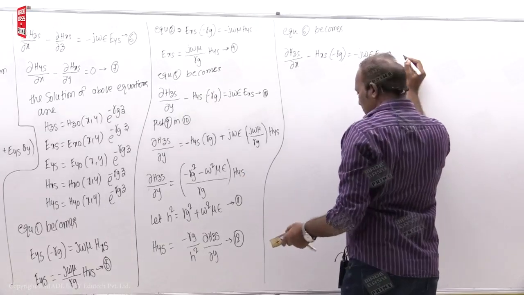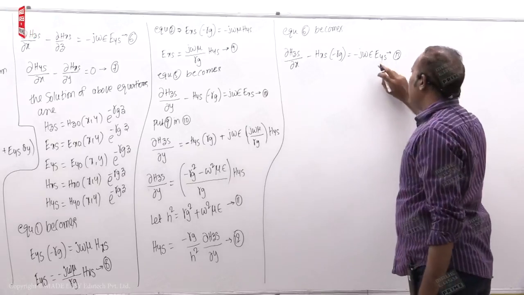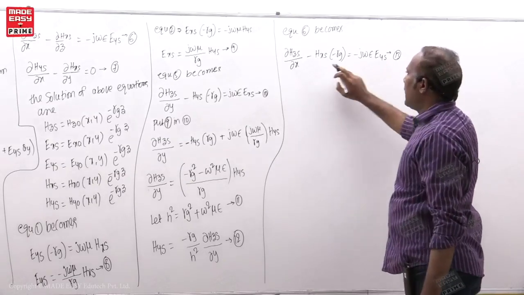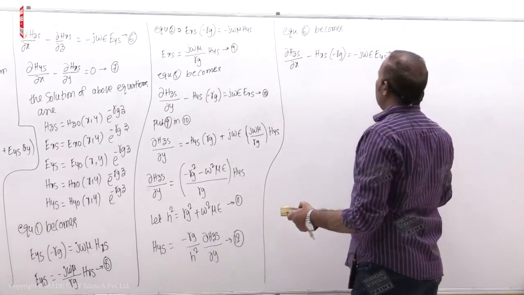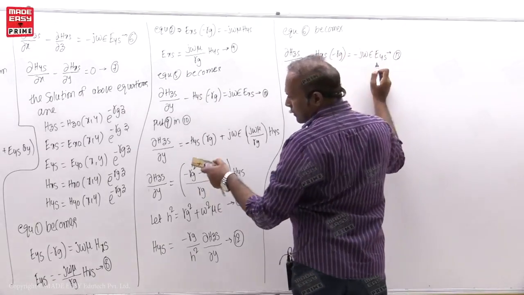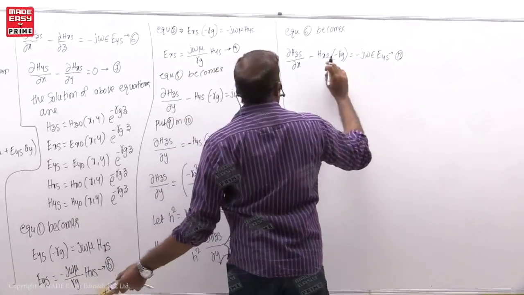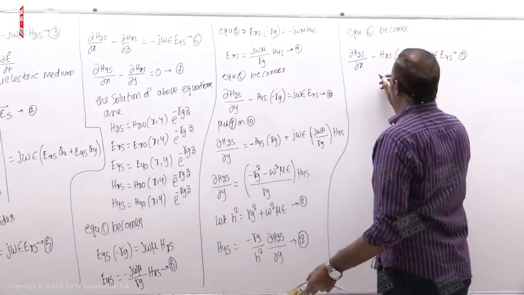I will call it as 13. If you see somewhere, definitely Eys will be in terms of Hxs. You can see this Eys here. Eys is in terms of Hxs.